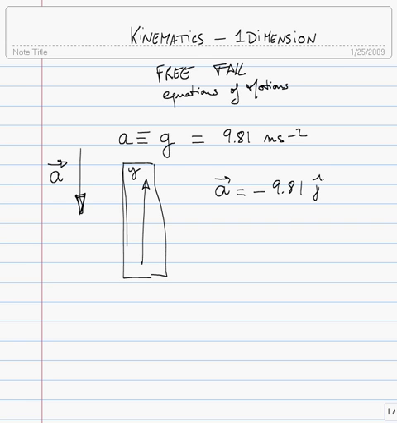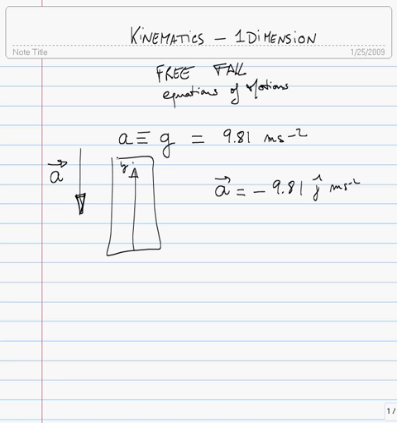I would suggest to use this particular type of coordinate system. Of course, you don't have to. If you decide to choose it the other way, then it will be for you plus 9.81 meters per second squared. So depending on the coordinate system that you pick, you will either keep the minus sign or not. Again, I would suggest that you stick with the conventional coordinate system, which is positive going up.